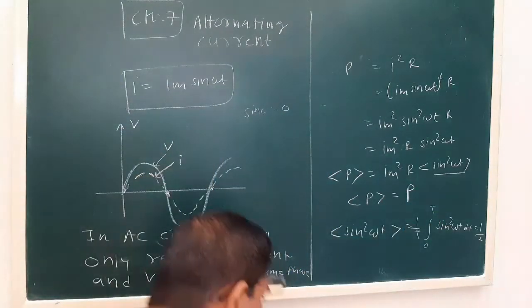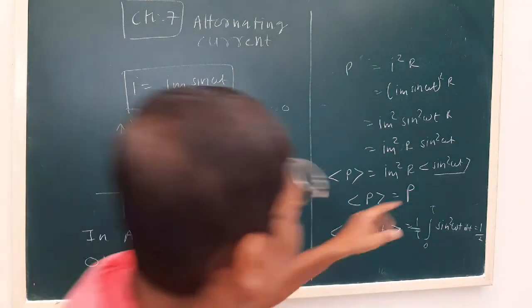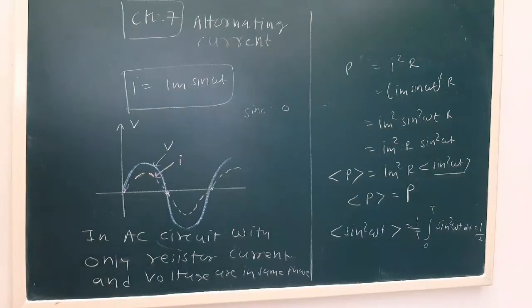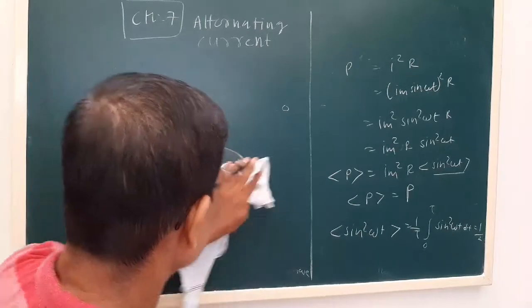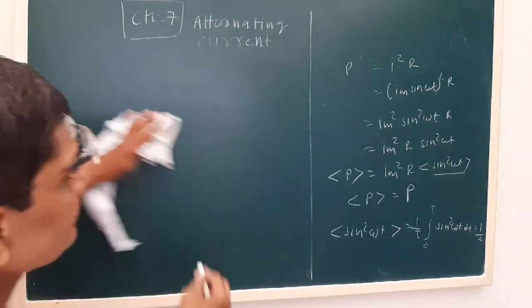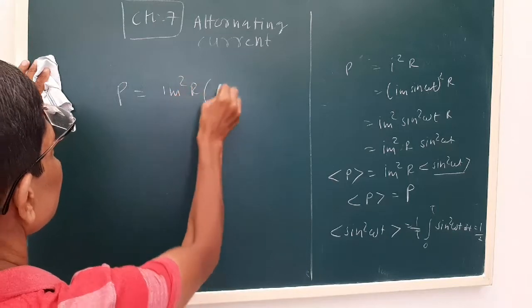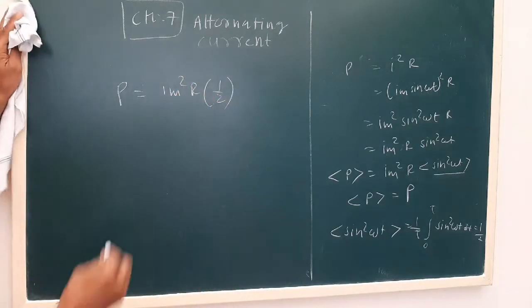So the average of sin square omega t over one periodic time is 1 by 2.